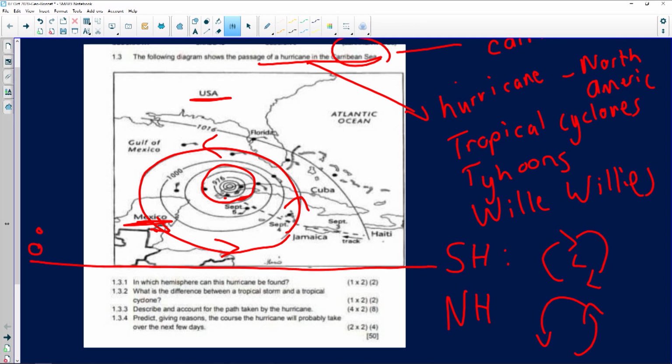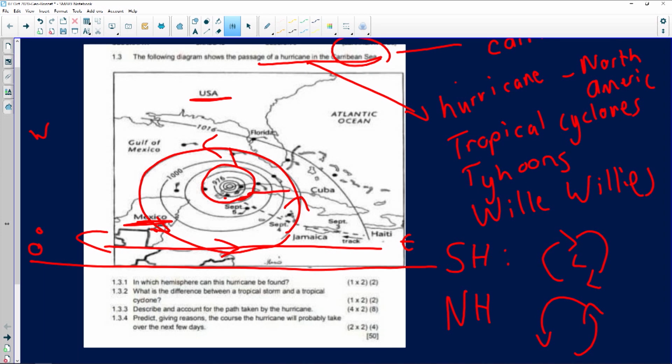Now remember, the equator is roughly somewhere here. Now, the movement of this tropical cyclone is going to be from east to west, as you can see. Why? Because it moves in the tropical easterlies. But very importantly over here, look at the isobar spacing in the northeastern quadrant.